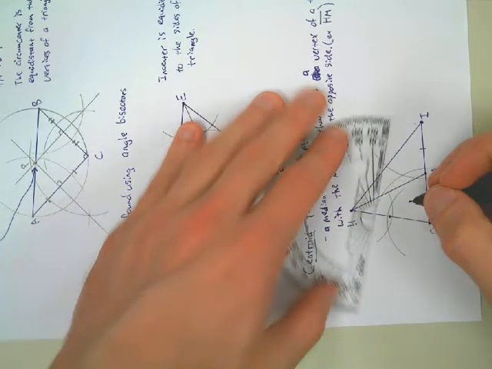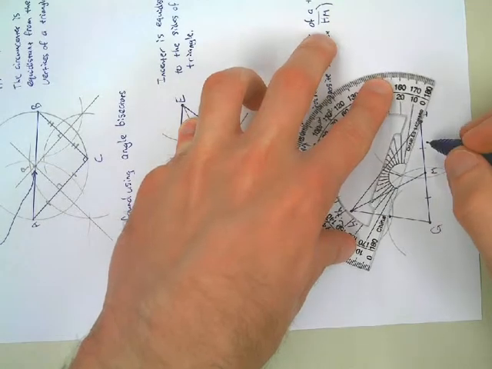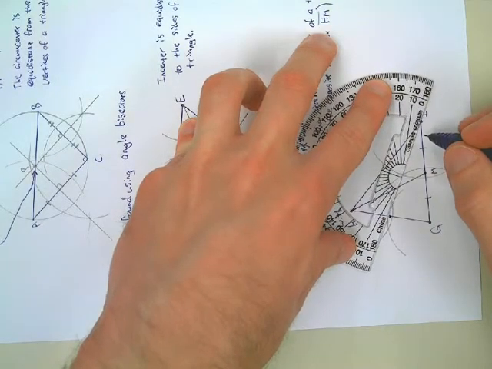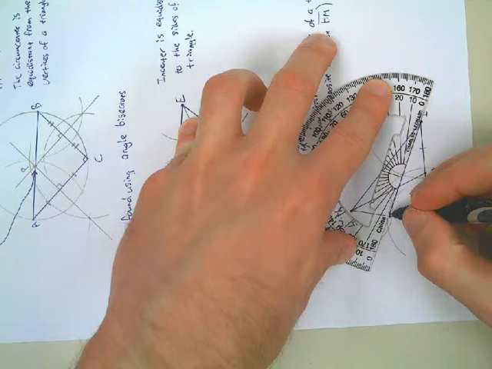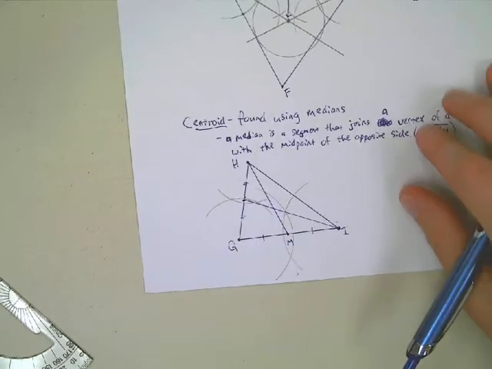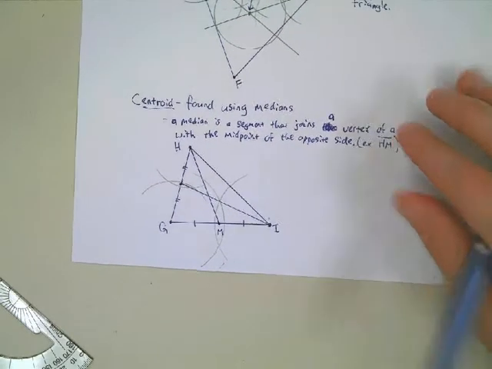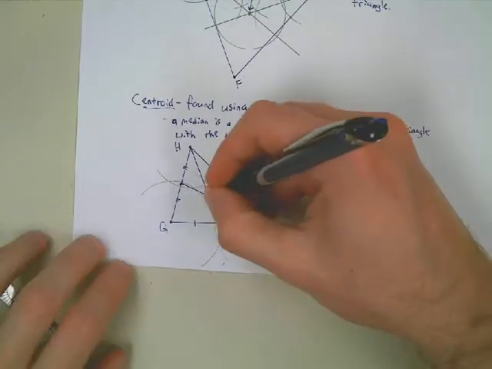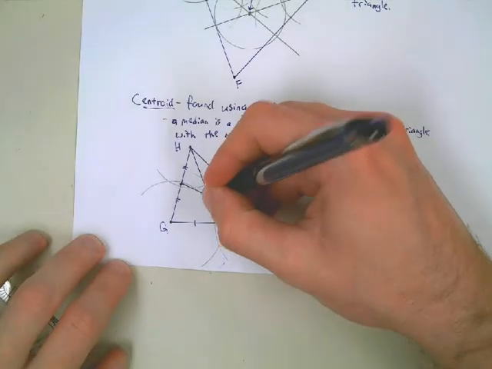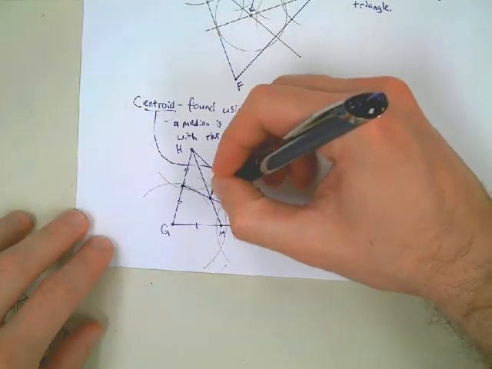And then connect the vertex to that midpoint. Thusly. Okay. And so there, X marks the spot, right? There is our centroid.